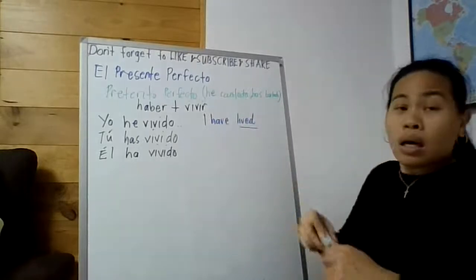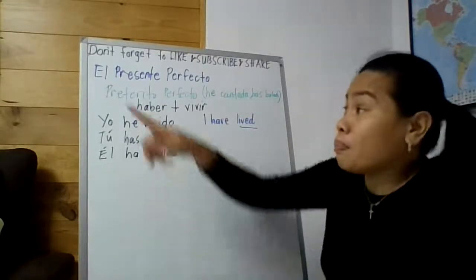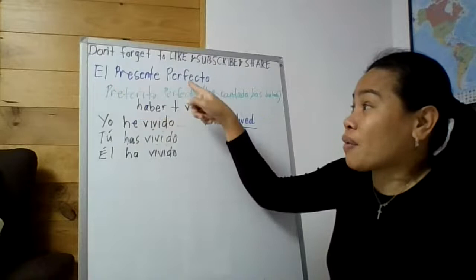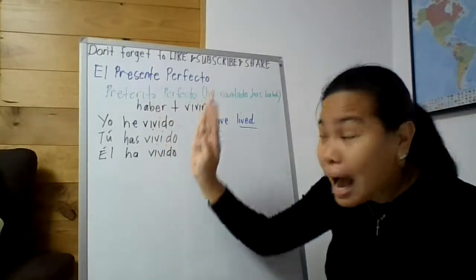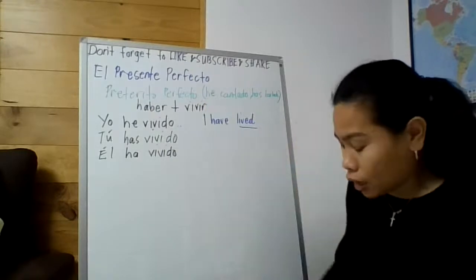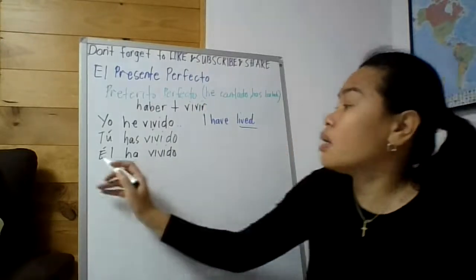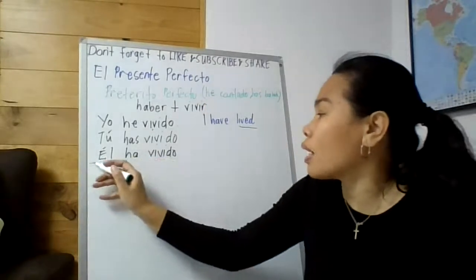So, ang present natin, because we're talking el presente perfecto, ang present natin is yung as, a, that is for the singular. Bale? Punta tayo sa plural.